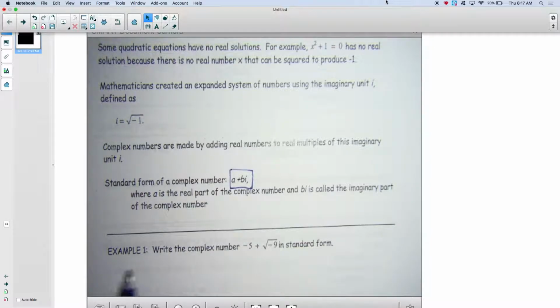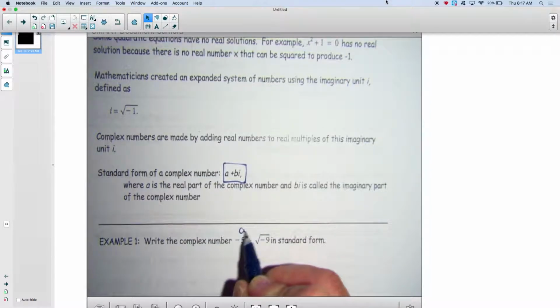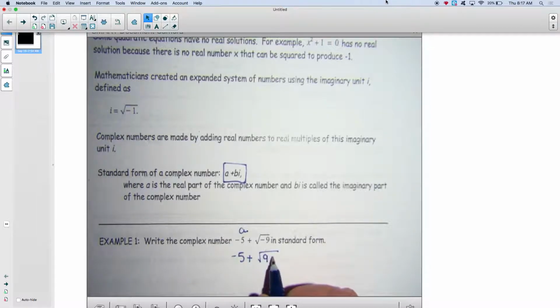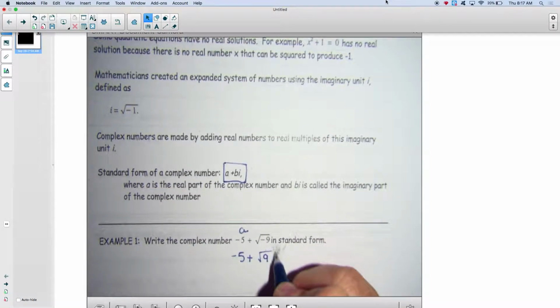So for example, in example 1, we're going to write -5 plus the square root of -9. Well, this is the real part. This is our a. We know that a square root of a -9 does not exist, so that's imaginary. But what we can do is, that's going to be the square root of 9 times the square root of -1.